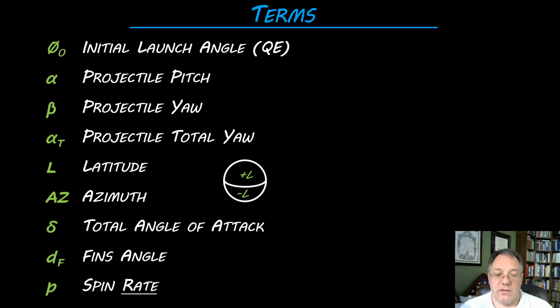A total angle of attack. We're kind of introducing a fins angle. If you were to have fins or canards, those little things that stick out on, let's say, a rocket typically, but we also have those on sabot rounds, things like that. What kind of angle are they sitting at? And then a spin rate, P. And we'll talk a little more about that.